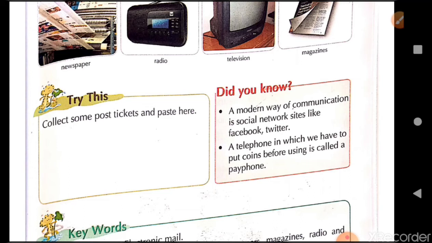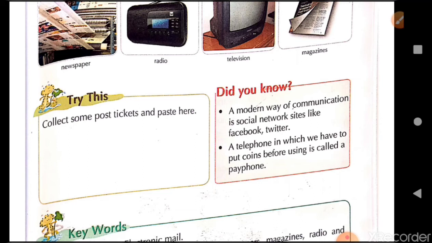Telephone booths were there. People used to go there, talk, a bill used to be there, and whatever amount it was, they paid. So telephone booths used to be there. Now everyone is having a mobile phone, and we can connect with anyone with just a click of a button. We press a button, connect, and we can speak to anyone at any time of the day.